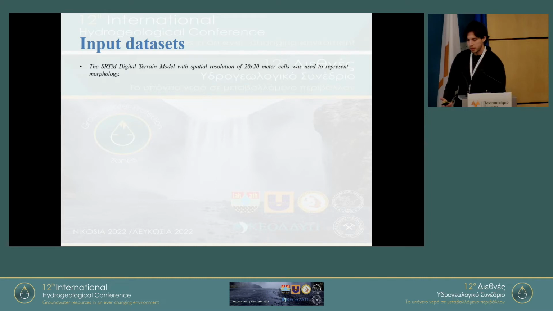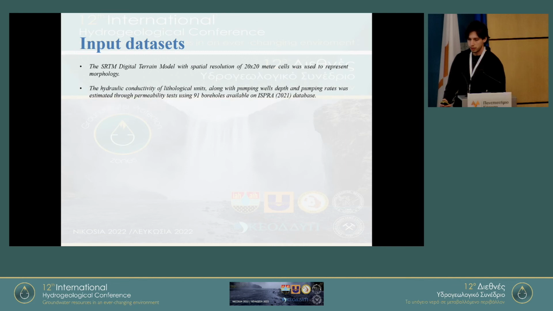In order to represent the morphology, a digital terrain model was considered with a spatial resolution of 20 by 20 meter cells. The hydraulic conductivity, together with the pumping wells rate and the pumping wells depth, was estimated through permeability tests using 91 boreholes available on the ISPRA database.